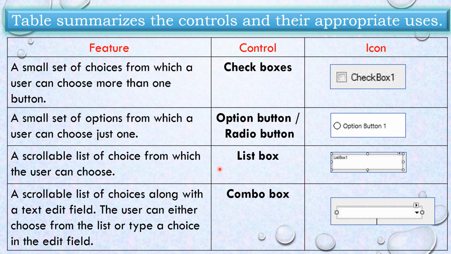The control is list box. This is the icon for list box. A scrollable list of choices along with a text edit field. The user can either choose from the list or type a choice in the edit field. The control is combo box, and here is its icon.